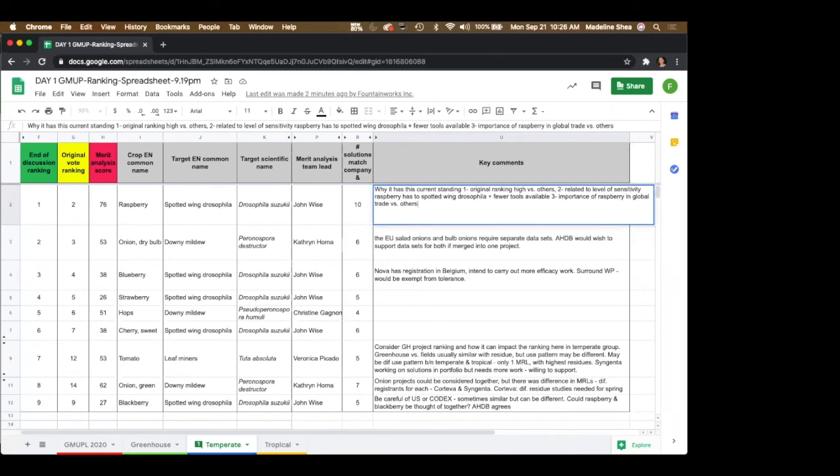The difference is that in raspberry, there were more problems to be solved related to harmonizing MRLs. And so if those problems don't exist in another crop, then even though the product is registered, it may not require the attention.